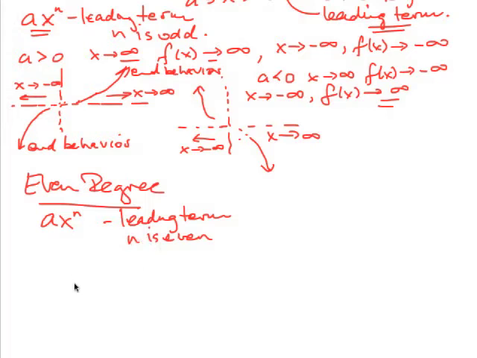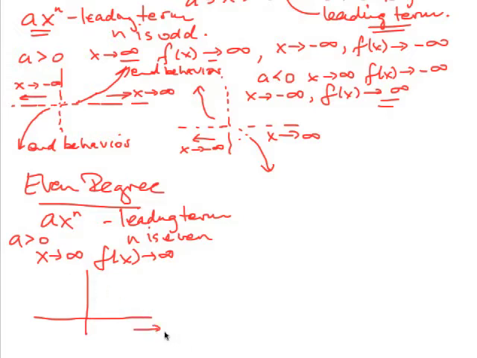So if that's the case, as x goes towards infinity, remember that a positive number raised to an even number will still be positive, and multiplied by a positive number here, so let's take a as positive for our first case, then this will go to positive infinity as well. So if that's the case, when I draw this, let's suppose it's going towards positive infinity. Then of course it's going up this way.